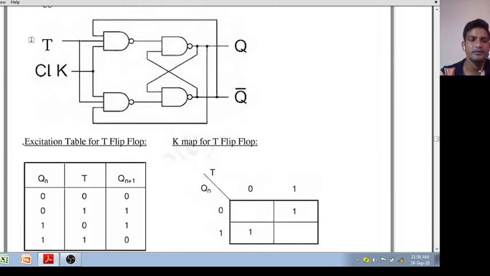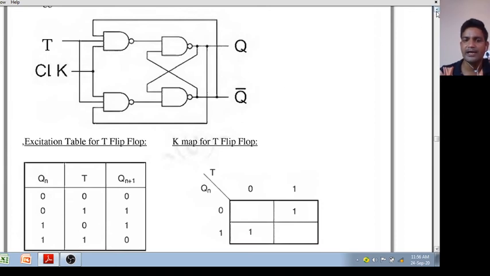This is your JK flip flop. Here I am giving only one input T. So T equal to J, this is your J, and T equal to K. So remember, T equal to J equal to K.